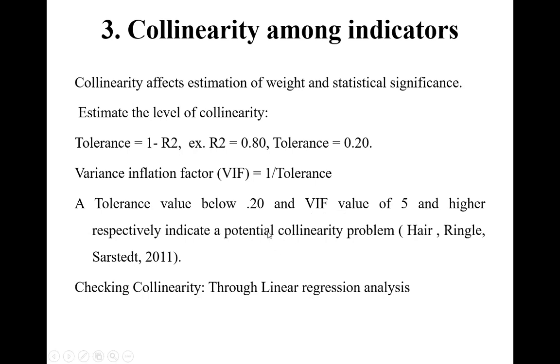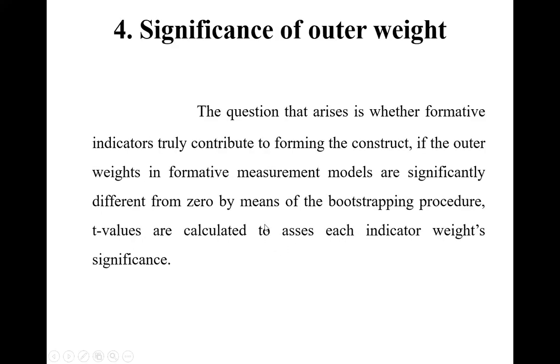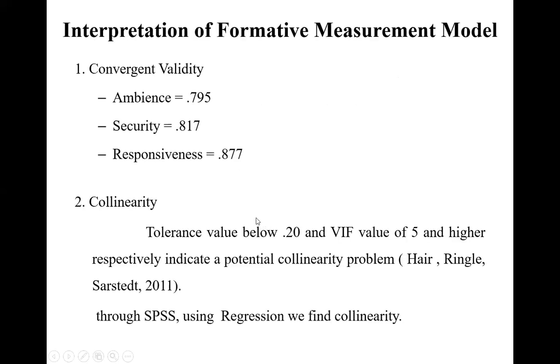Through linear regression analysis we will check. And then significance of the outer weight. Through bootstrapping we will check whether all the outer weights are significant or not. If t value is greater than plus 1.96 and lower than minus 1.96, then there is no issue of outer weight. ठीक है, इस तरीके से.